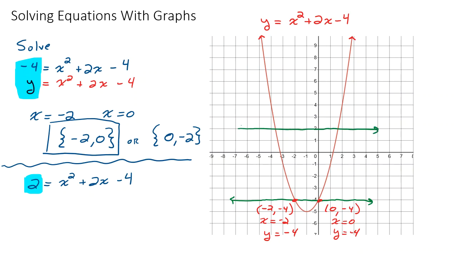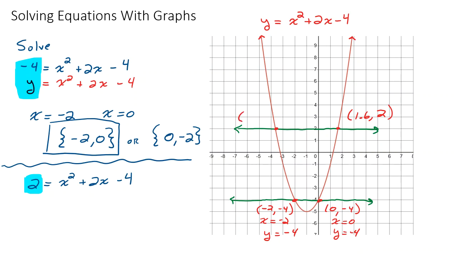And now I see, again, my graph intersects in two places, here and here. So what are the coordinates of those points? Well, we know y is 2 because it's up 2. But what is the x value? Well, this is where we're going to estimate. I can see it's between 1 and 2. It looks like a little more than 1.5. I'm going to guess maybe 1.6.